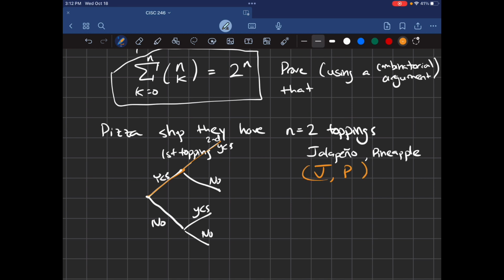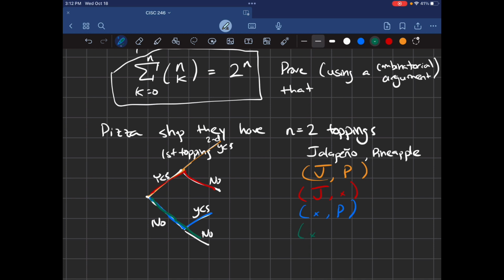So that's one possible way to get my pizza. How else can I get my pizza? Well, I could go yes to jalapeno, no to pineapple. And then I'll just leave a blank X there to say that there's nothing there. All right, you could say no to jalapeno, yes to pineapple. And then we have a final one, no to either. You just want plain cheese.